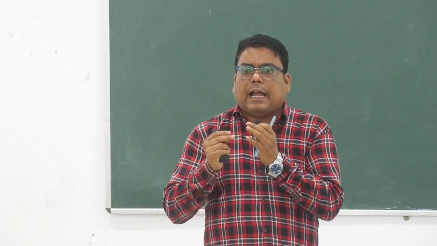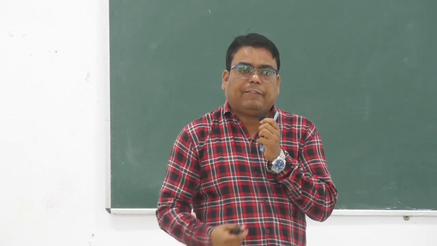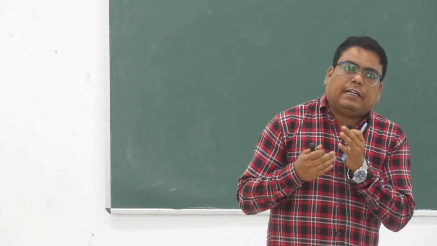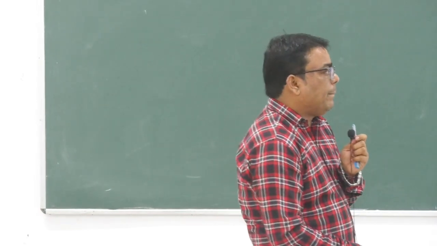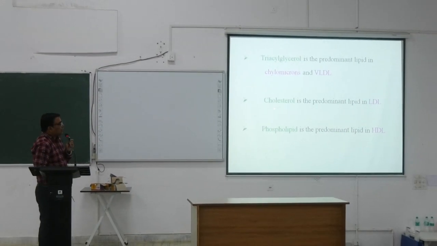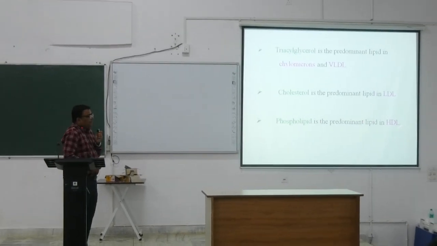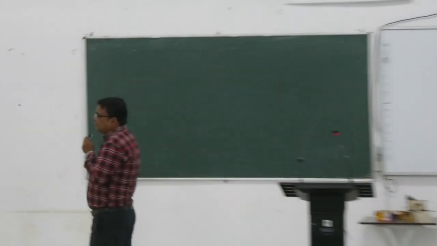If a person has dyslipidemia, the values of HDL and LDL in their body will be out of this range. Triglycerides are the predominant lipid in chylomicron and VLDL, cholesterol is predominant in LDL, and phospholipids are predominant in HDL. These are some properties of these lipid fractions.